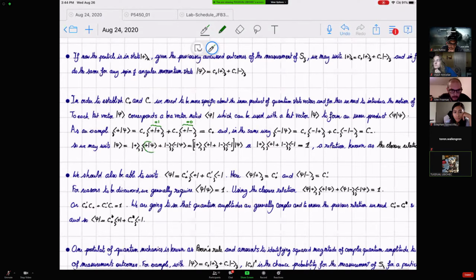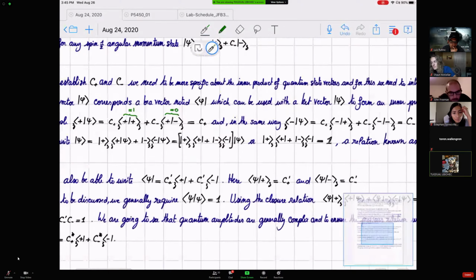So this is a number that multiplies a unit vector. And I can do the same thing here, where I have the component of psi along minus sub z that multiplies the unit vector minus sub z. So clearly, psi is equal to that. Are there any doubts or questions about this? Everybody's good?